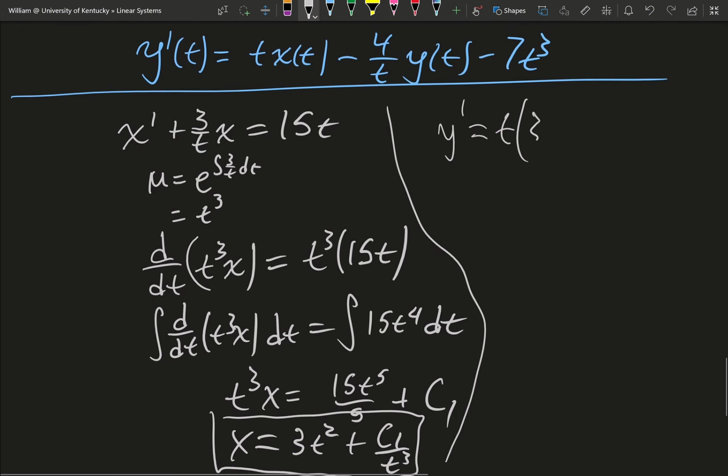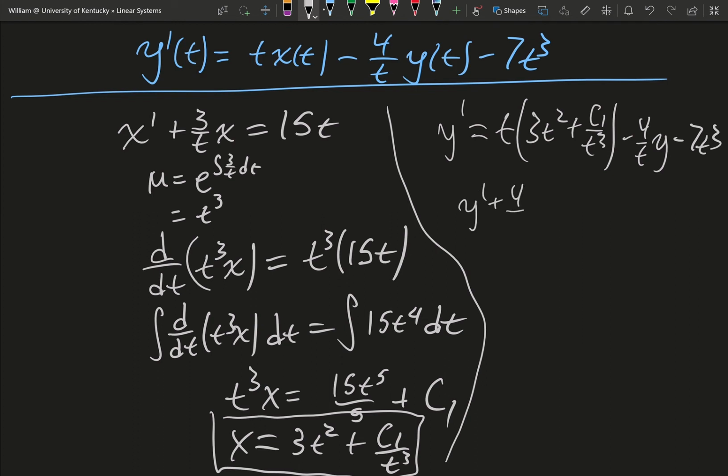So we have 3t squared plus c1 over t cubed minus 4 over t times y minus 7t cubed. So this is going to be 3t cubed minus 7t cubed gives us negative 4t cubed, and then plus c1 over t squared.